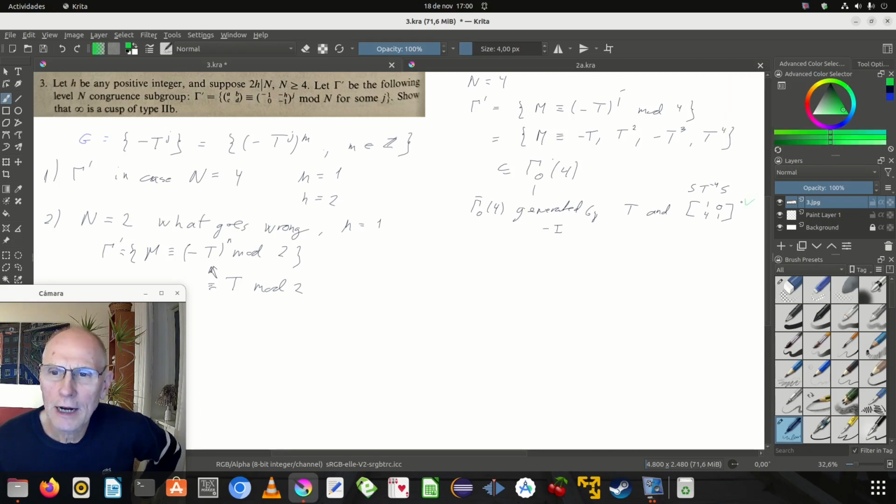Of course, this guy lies in gamma mark, being equivalent to the unit matrix modulo 4, but t doesn't lie in it, as minus 1 doesn't. So it's actually a subgroup.